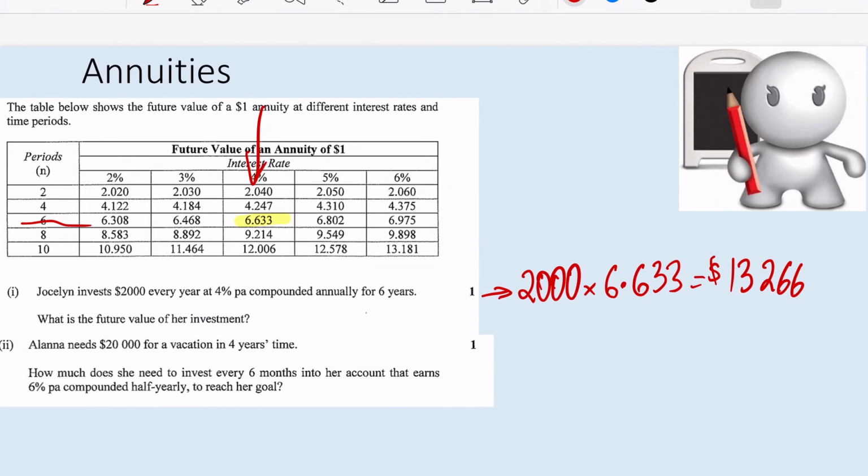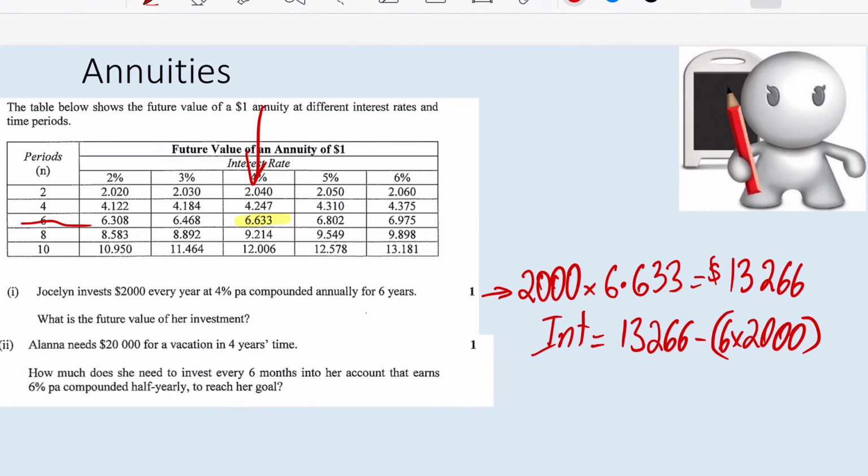So for example, I can ask, well, how much interest did you earn from the bank? All right. So remember, if you wanted to calculate interest, okay, then it's the future value take away the total amount of her investment, and the total amount of her investment is 6 lots of $2,000.